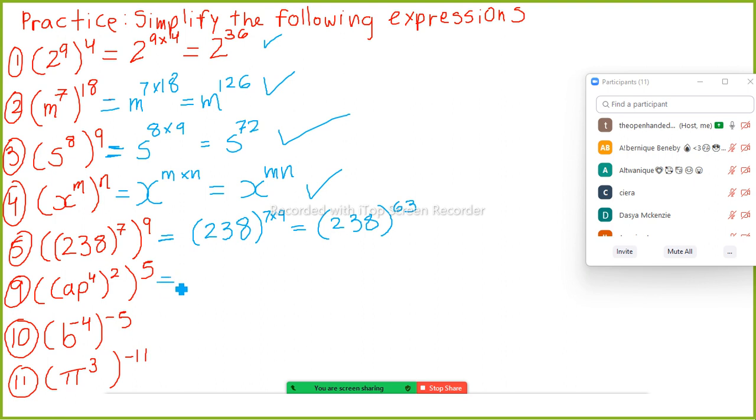Next up we have number 9. Number 9 goes to Surya. What did you get for that one? I got AP to the power of 8. You sure? Yeah, because 5 doesn't go with anything, only 4 and 2. That's not correct. Look carefully at it.